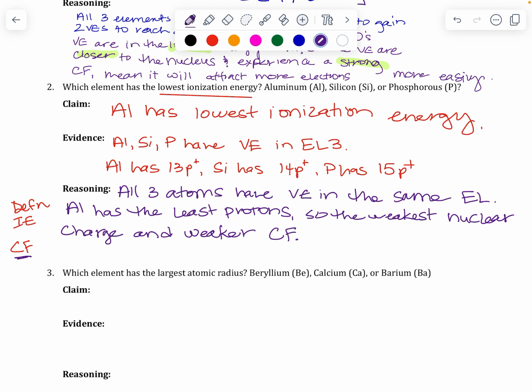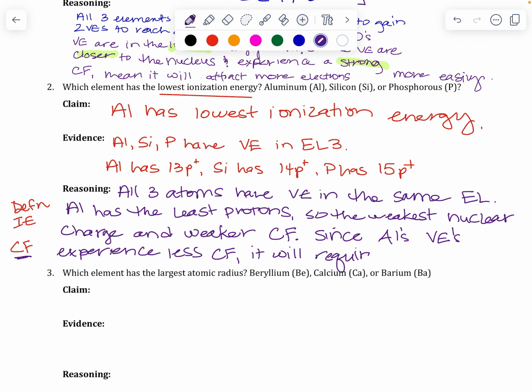So now we have talked about Coulombic force. So how does weak Coulombic force relate to that ionization energy? We can then say, since aluminum's valence electrons experience less Coulombic force, it will require less energy to remove its valence electrons with that.